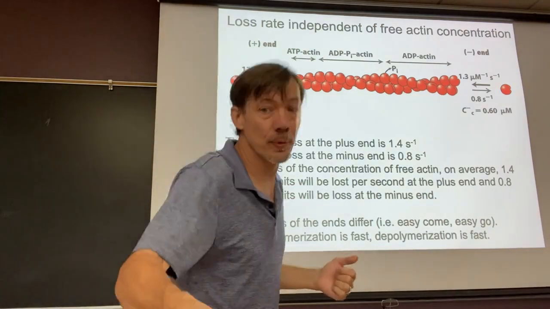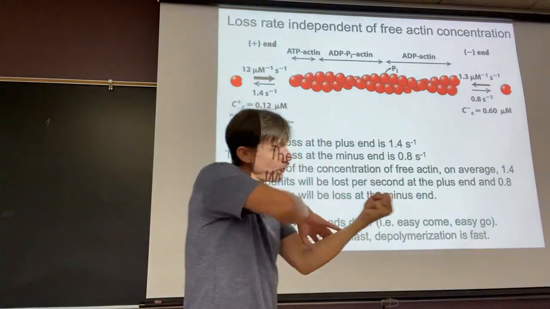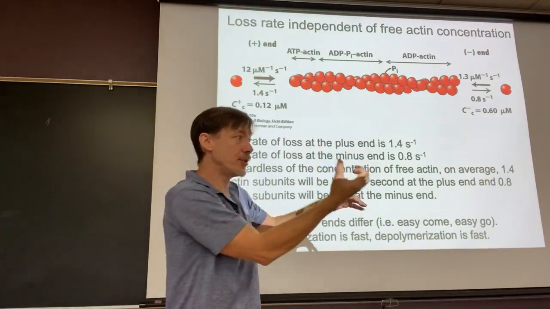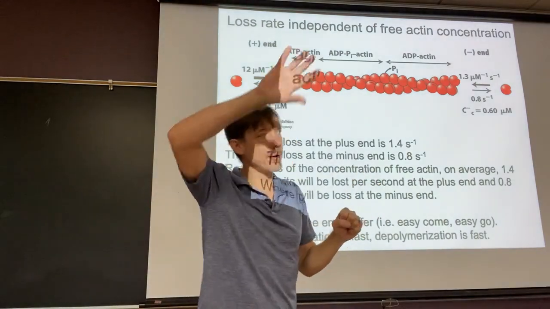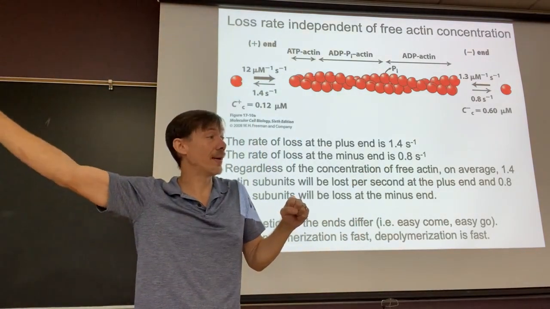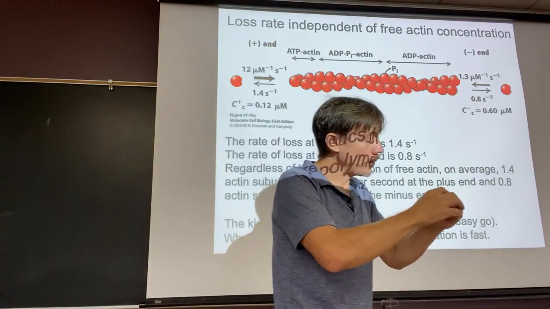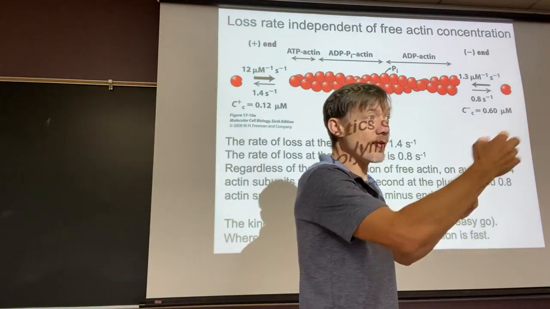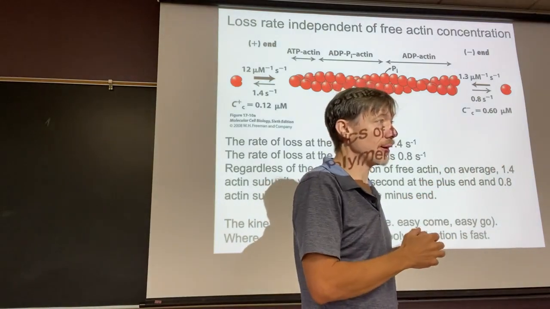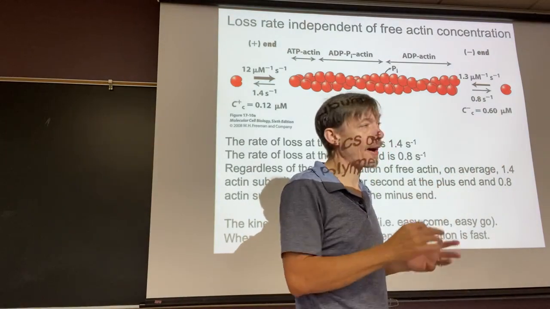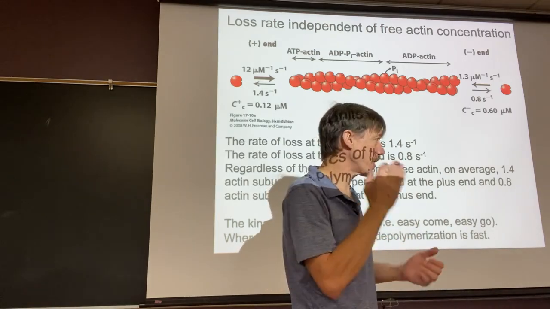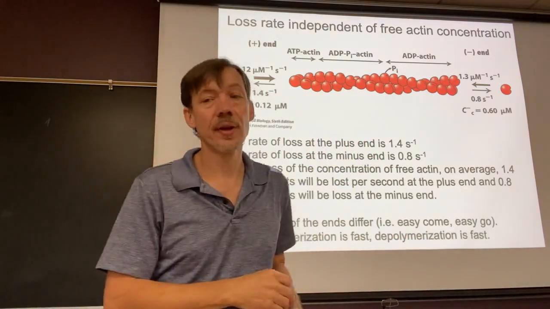And the reason why is that in the filament, we have our subunits assembled into a solid, and the concentration of the soluble stuff doesn't have anything to do with that. The rate that those subunits come off of the filament is its own thing, and it just happens at a constant rate. So spontaneously, actin is going to disassemble. It doesn't matter what the concentration is, it's a fixed constant.